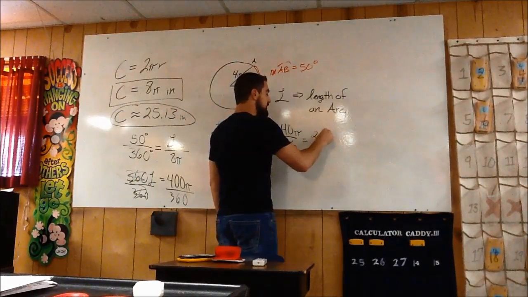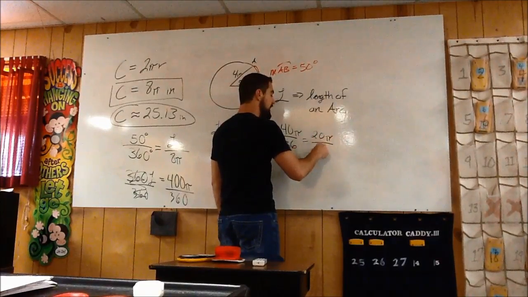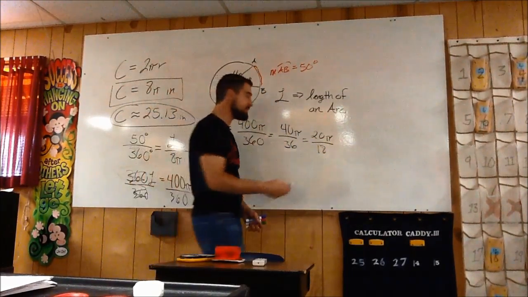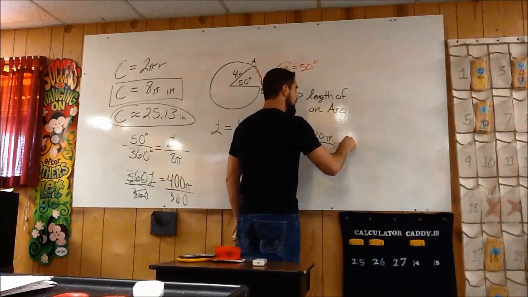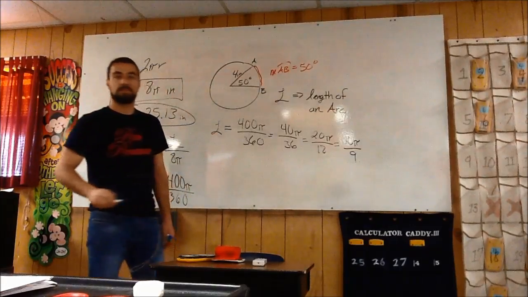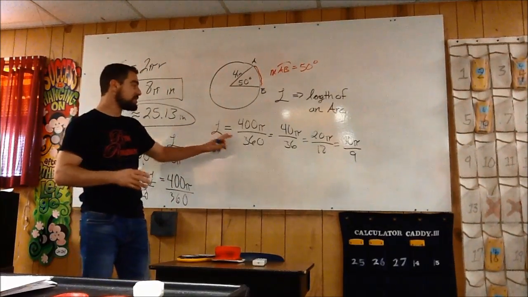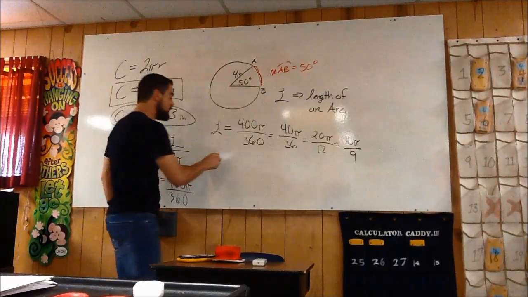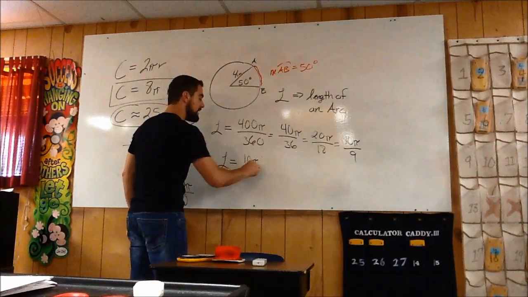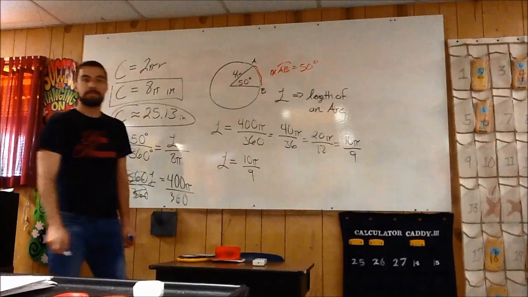So I can reduce this even further, and this is 20 pi over 18. I can reduce even further because they're both divisible by 2, and I can get 10 pi over 9. So this fraction, in simplest form, is 10 pi divided by 9.